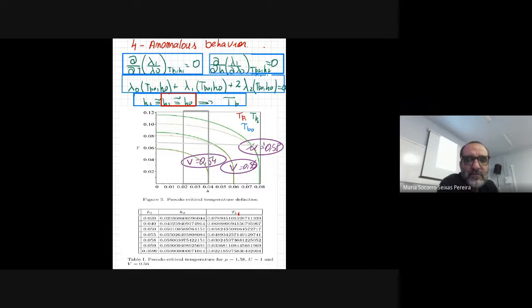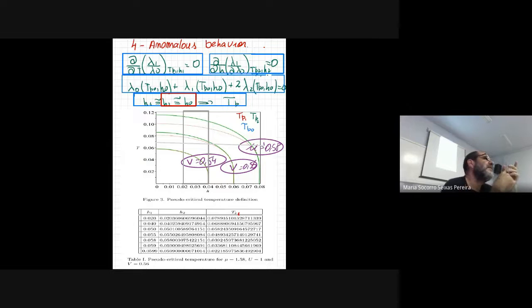Here we choose some magnetic field. We choose magnetic field equal 0.02, and with it we obtain the pseudo-critical temperature using this expression.